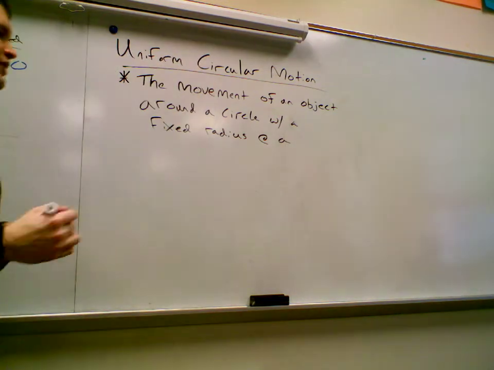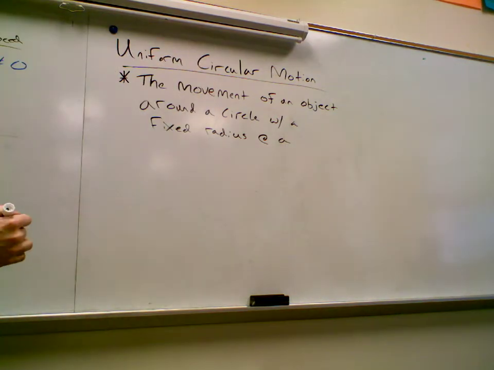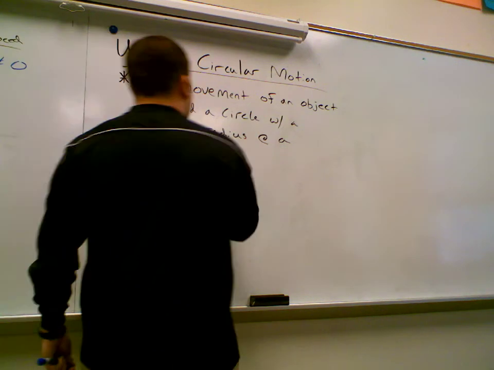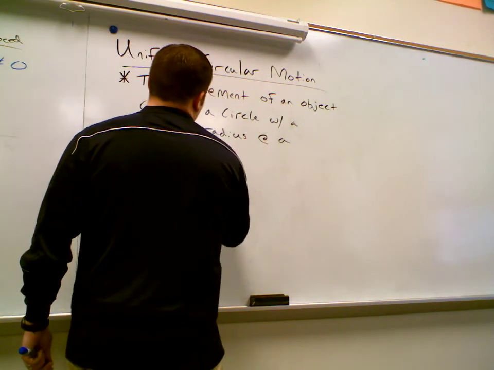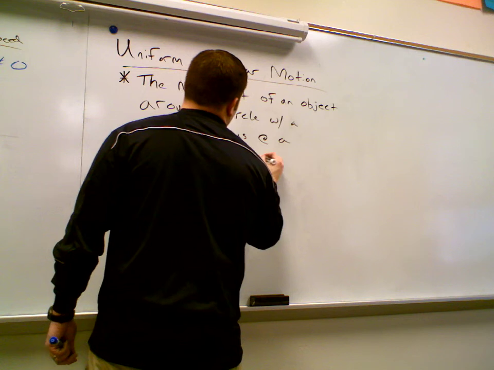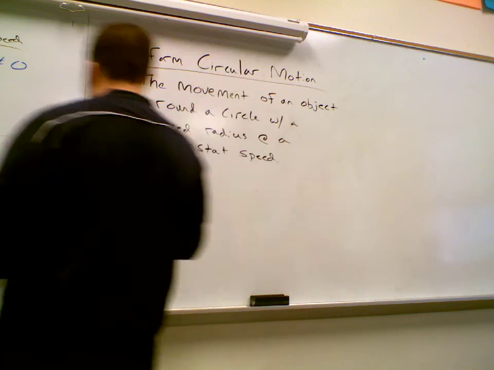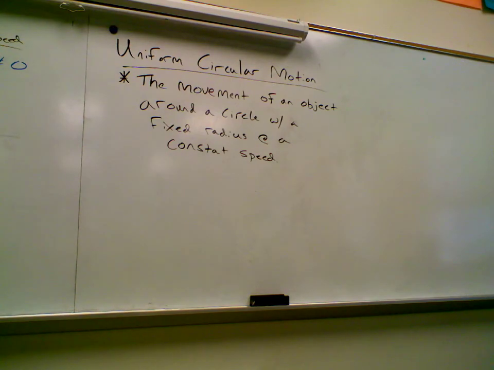Yep, means the same radius. So the radius is constant. With a fixed radius at a constant speed. Okay. So the movement of an object around a circle with a fixed radius at a constant speed.